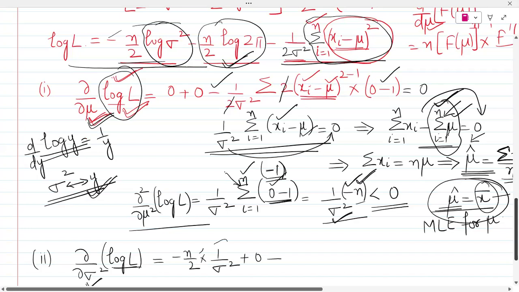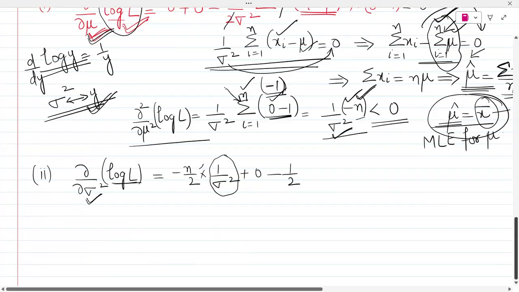That's why here I have written 1 by sigma square. Similarly, in this term it is actually 1 by y, because it is 1 by sigma square. So what is the derivative of 1 by y? We need d by dy of 1 by y.